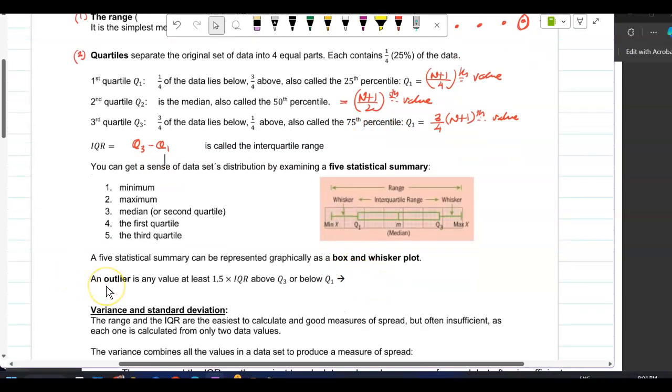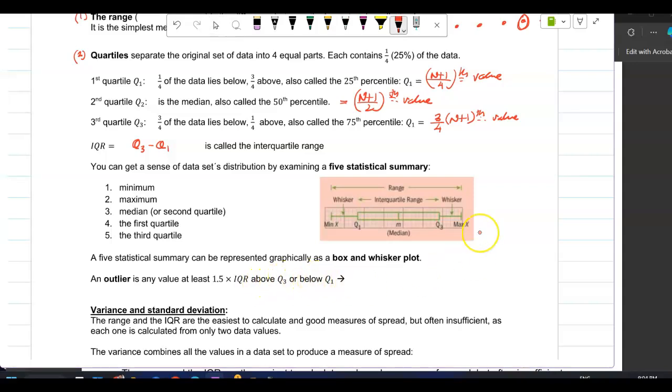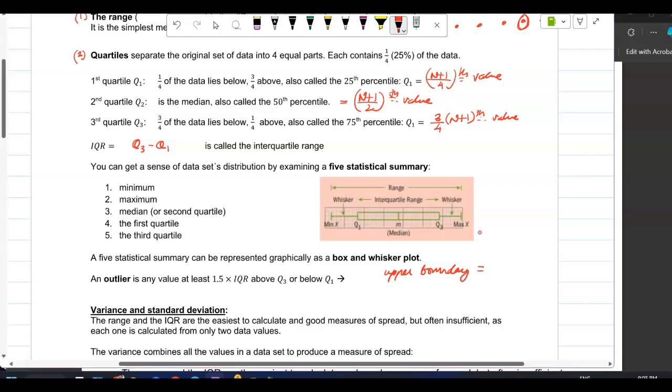Outliers are extremely high or extremely low values which may not be part of the data set. An outlier is any value which is more than 1.5 times IQR above Q3 or below Q1. So basically the upper boundary is Q3 plus 1.5 times IQR.